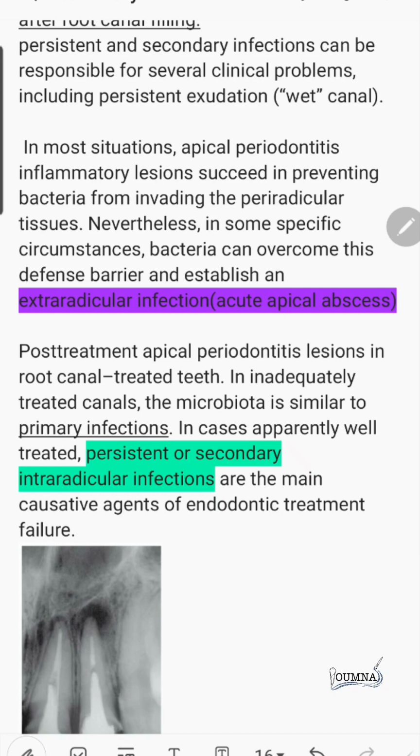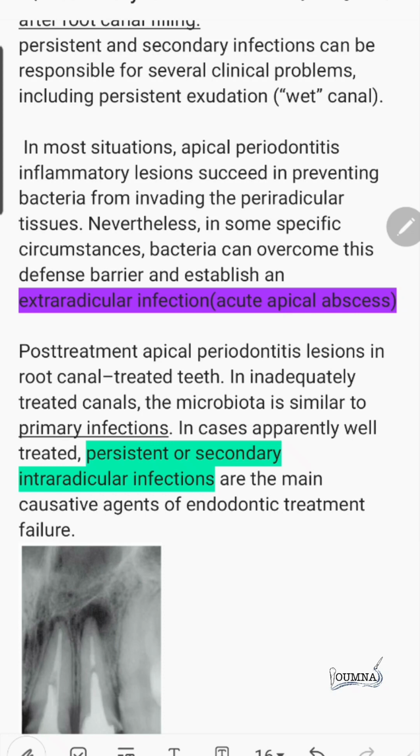In most situations, apical periodontitis inflammatory lesions succeed in preventing the bacteria from invading the periradicular tissues. Nevertheless, in some specific circumstances, bacteria can overcome this defense barrier and establish an extraradicular infection or the acute apical abscess.